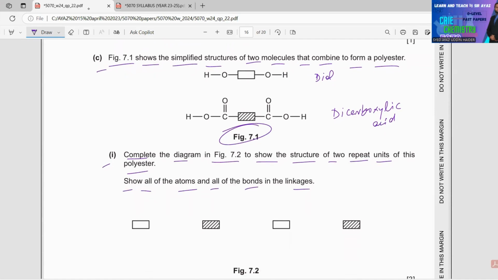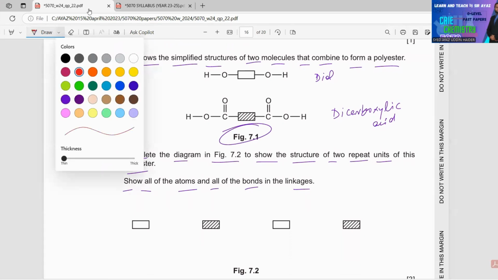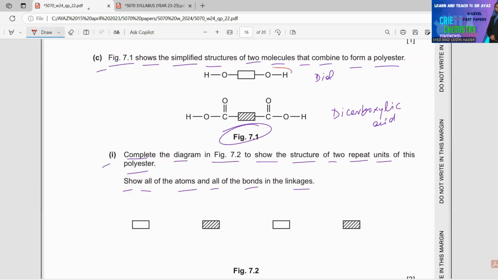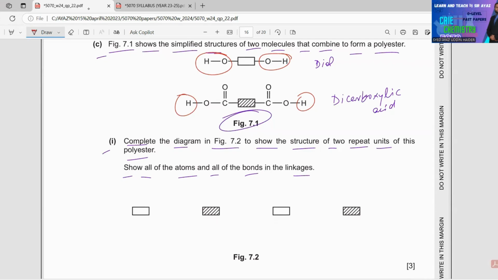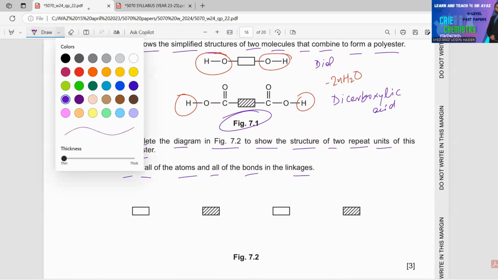Now, these will combine through condensation polymerization, and during condensation polymerization, there will be loss of OH from the dicarboxylic acid and H from the diol. You can even remove OH from the dicarboxylic acid, then you have to remove H from the diol. This results in loss of 2 moles of water molecules. Now I'm showing the linkage between these.